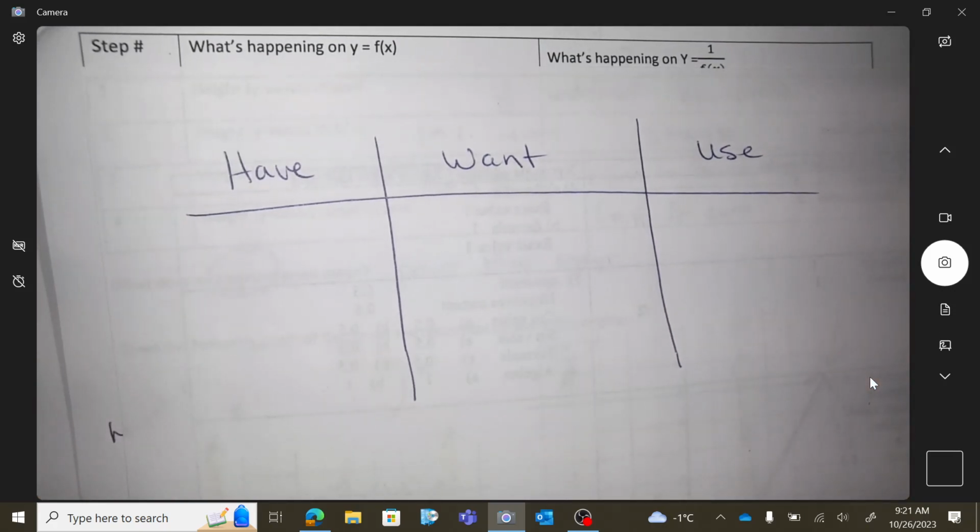Okay, give me a 3-column chart. What do I have? What do I want? What should I use? Summary of what we've done.